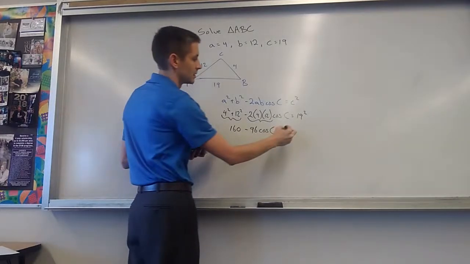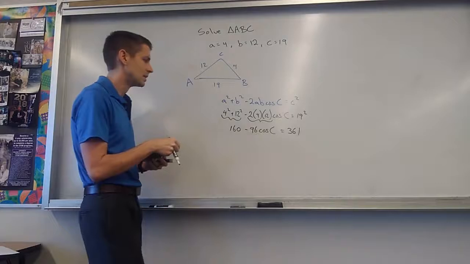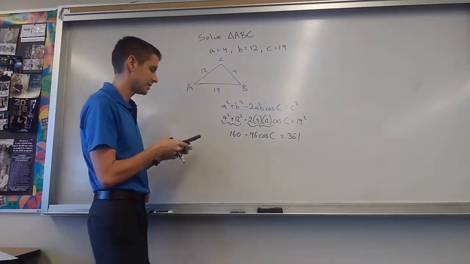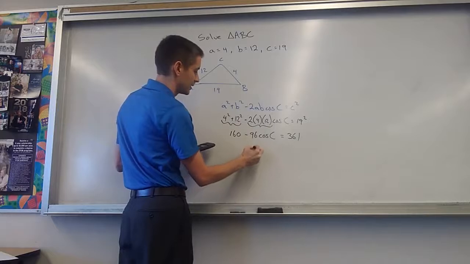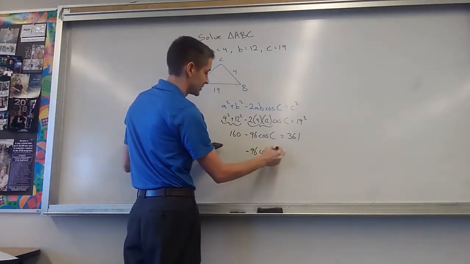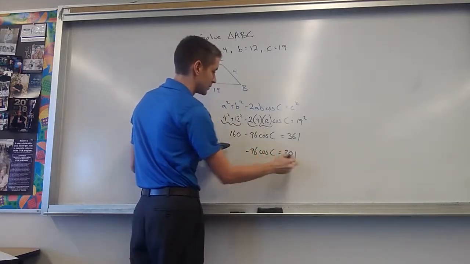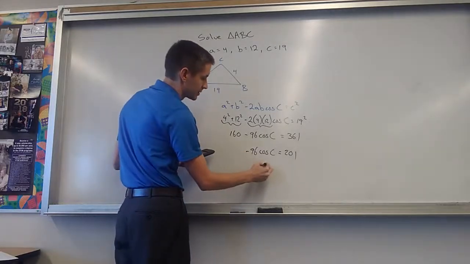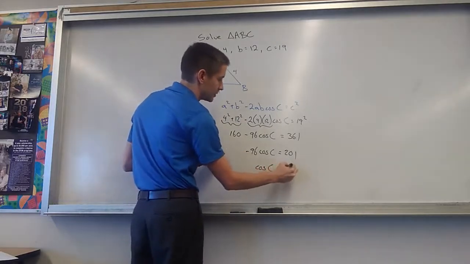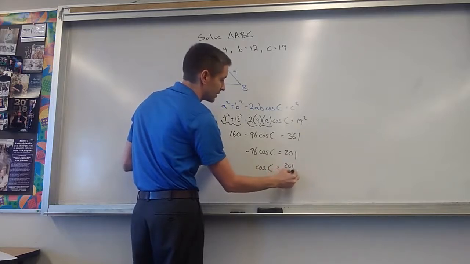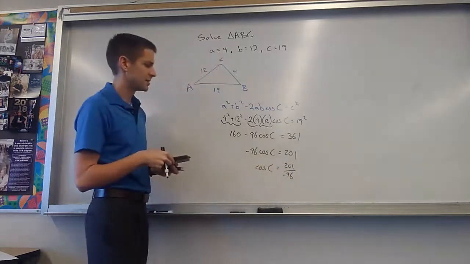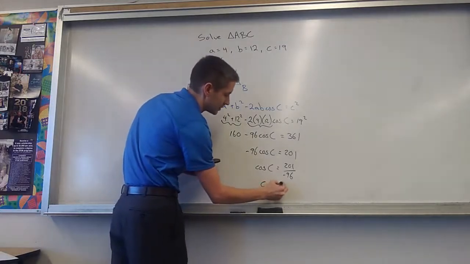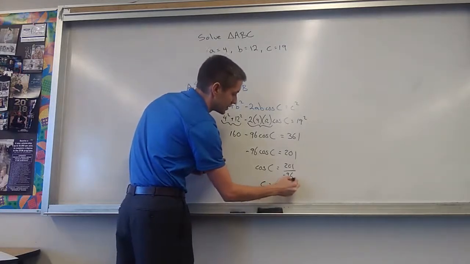So then I can subtract off the 160. I get negative 96 times the cosine of C is equal to 201. I can divide off the negative 96, so the cosine of C is equal to 201 over negative 96. And to finish that off, I could use the inverse cosine and say C is equal to the cosine inverse of 201 divided by negative 96.